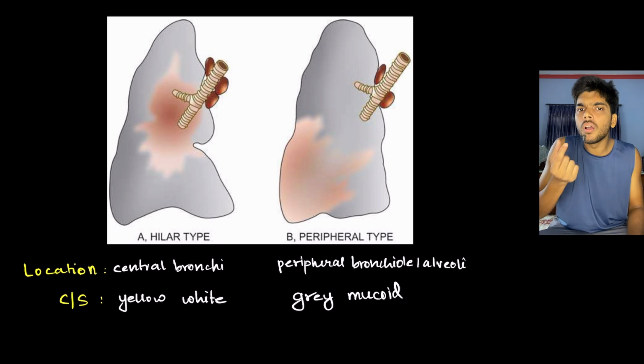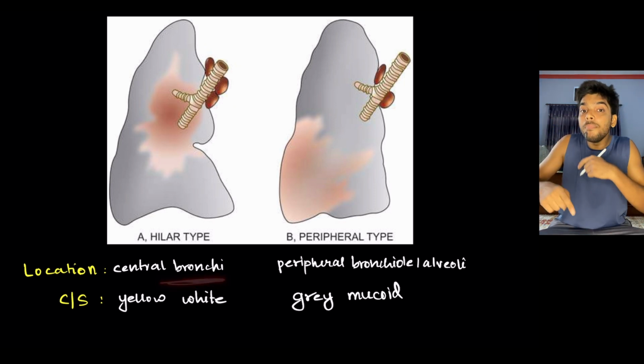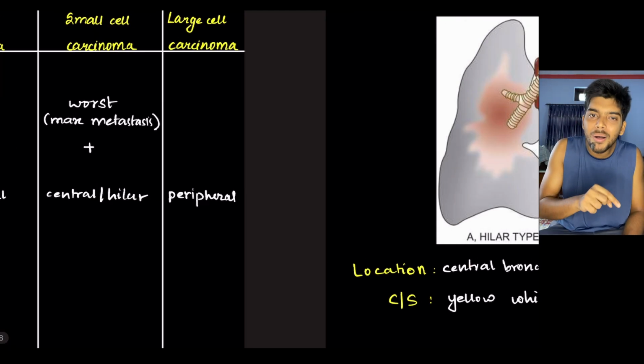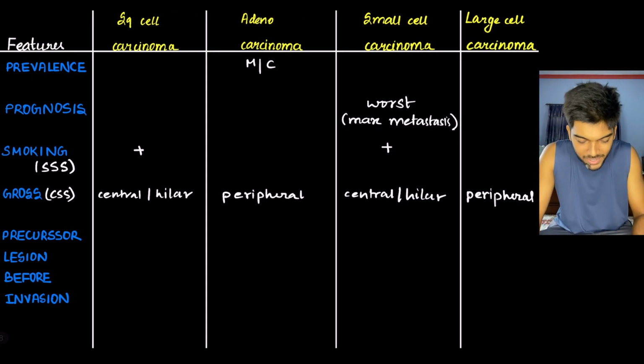Bronchi is lined by columnar epithelium, but the tumor is squamous. That means the columnar epithelium lining the bronchi is replaced by squamous epithelium. This is referred to as squamous metaplasia. So that is the precursor lesion.